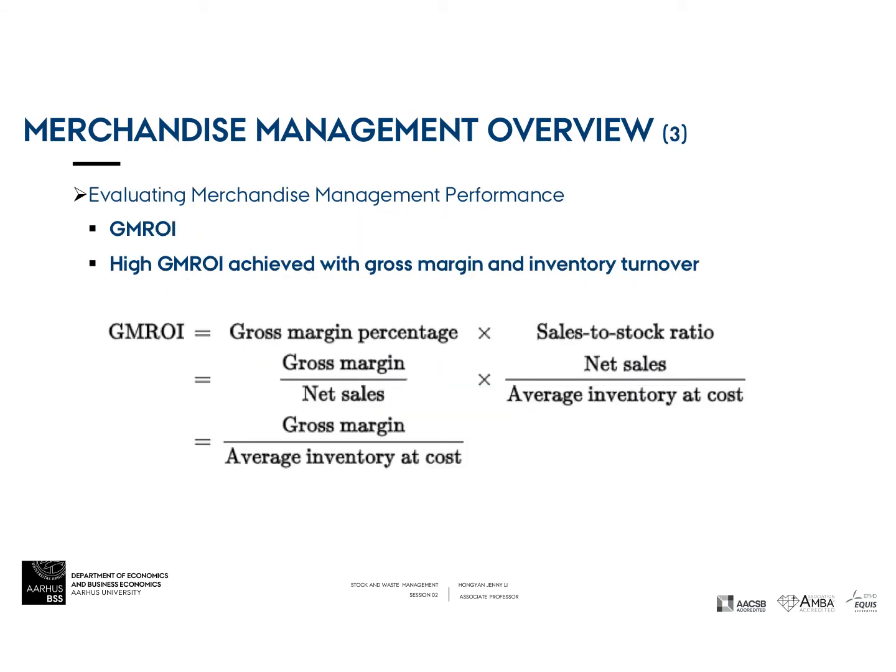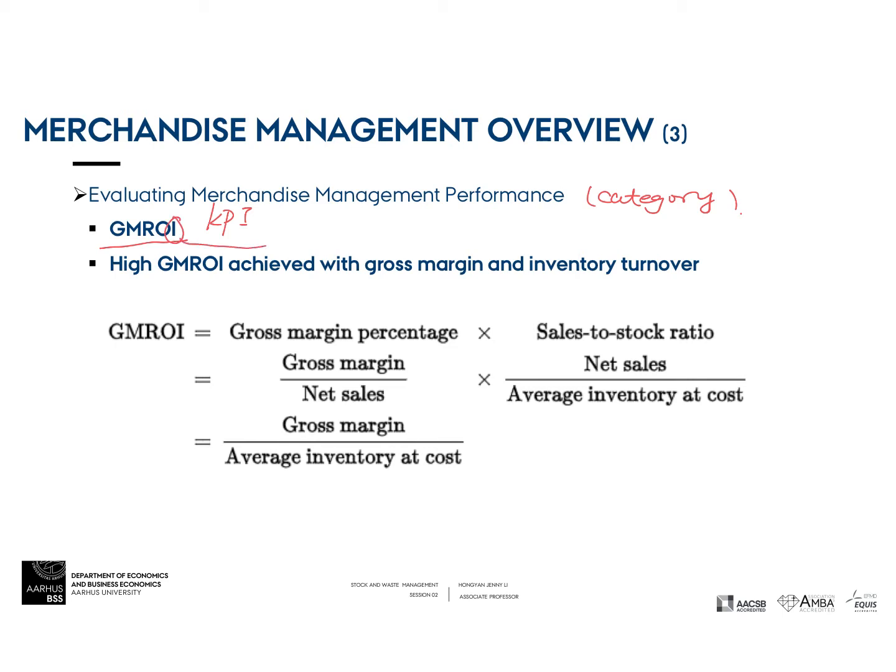Then we can continue to talk about merchandise management performance. Here we're actually talking about category performance. For example, we can use a measure or KPIs, or performance measurements. It's called gross margin return on inventory investment.